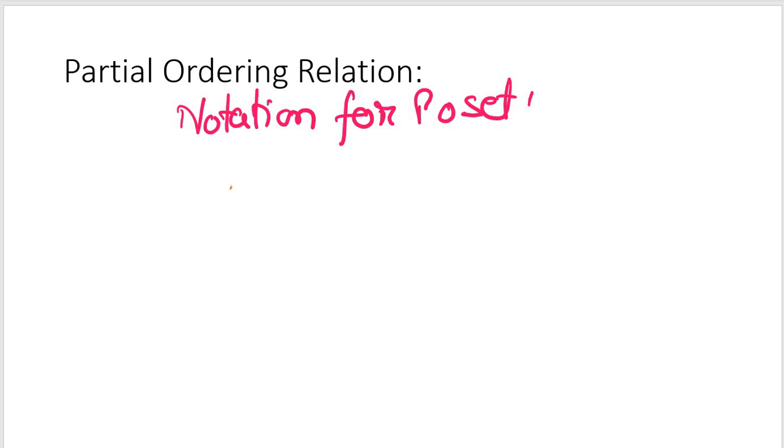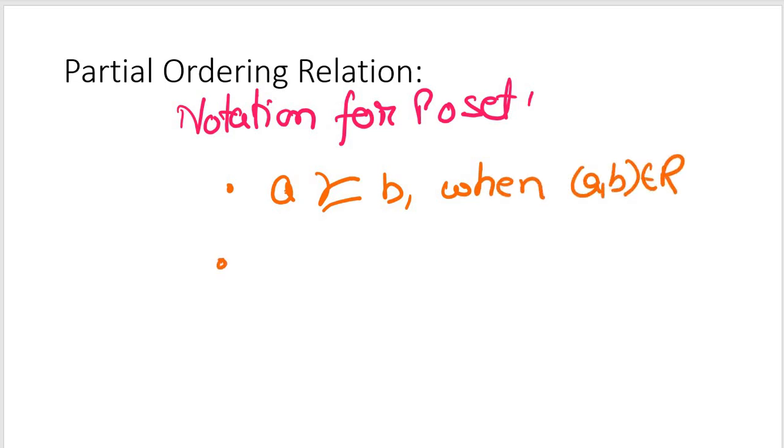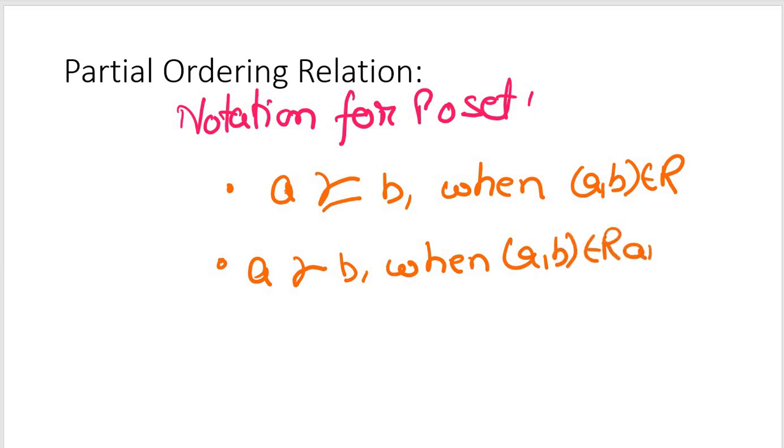So what we do is we use this symbol when a comma b exists in R, and we use this other symbol when a comma b exists in R and a is not equal to b.